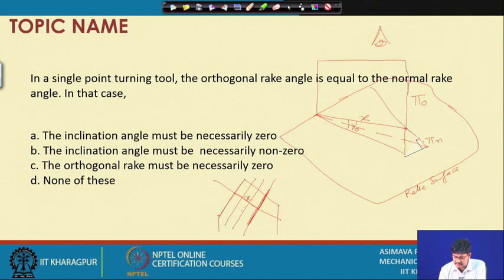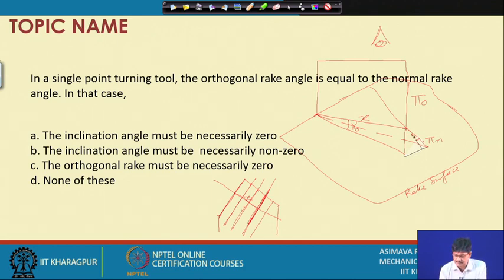It must be 90 degrees, because the cutting plane intersecting the rake surface will always produce intersections which are the exact orientation of the cutting edge on the rake surface. These lines are all cutting edges. So, if this is the cutting edge, this must be 90 degrees, because the cutting edge is always 90 degrees to the normal plane.